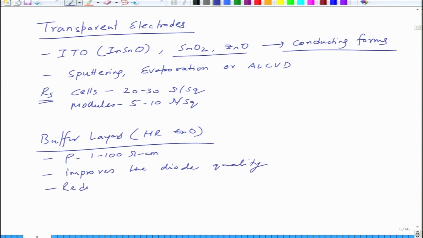So, you can say it reduces the impact of defects in the CDS layer as well as in CIGS, and it also provides protection to the interface.